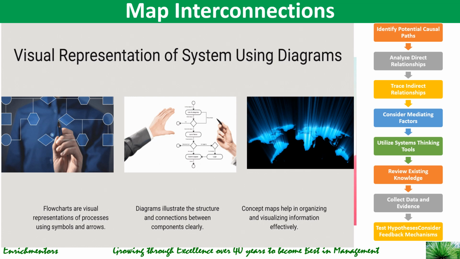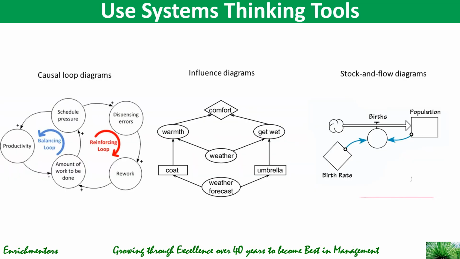Then we also looked at how to use the system thinking tools, to consider the feedback mechanisms. We looked at three tools in significant detail: causal loop diagrams, influence diagrams, and stock and flow diagrams. If you need, you can go back and look at these.